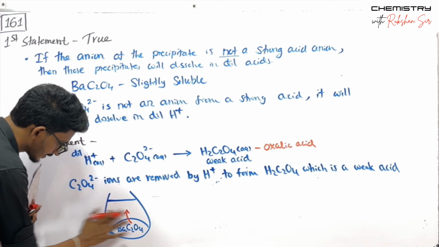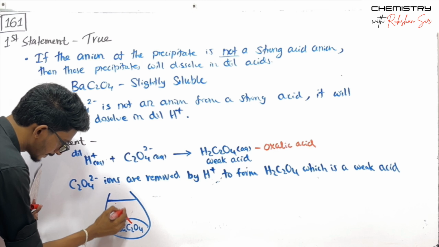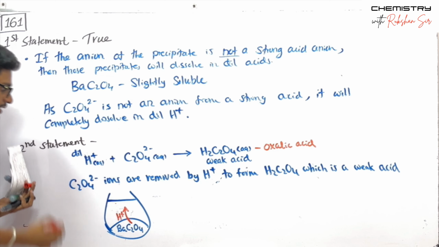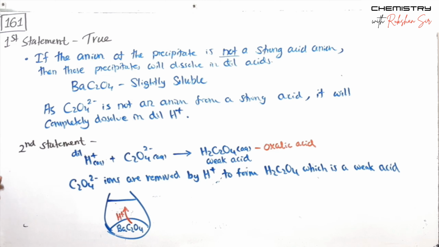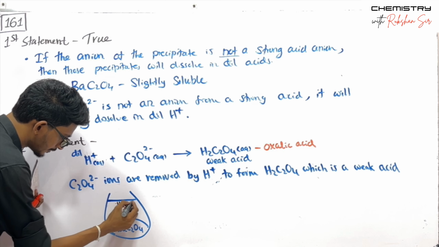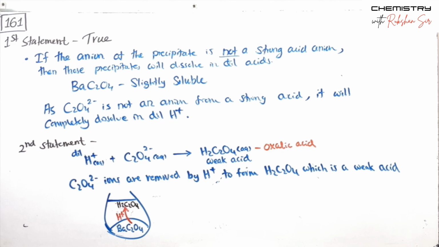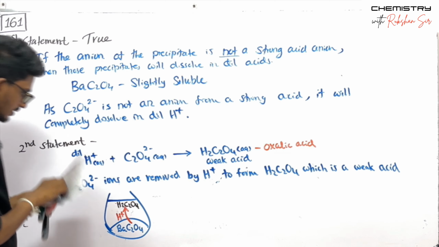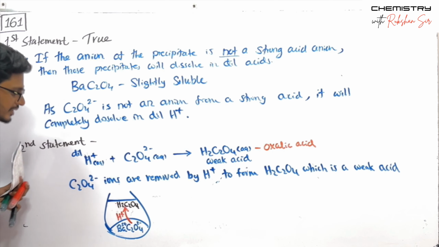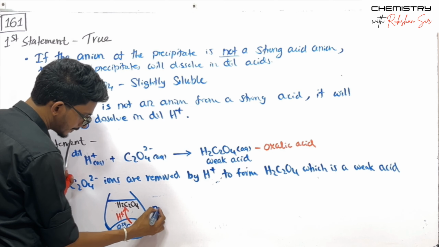I write like this: these anions will be removed by the H plus added, ultimately to form the H2C2O4. Right? So that precipitate dissolves.